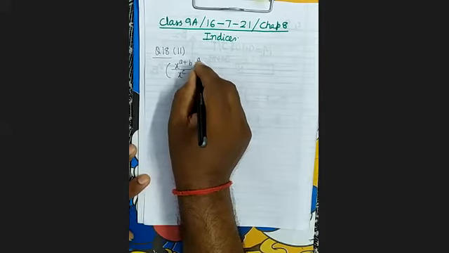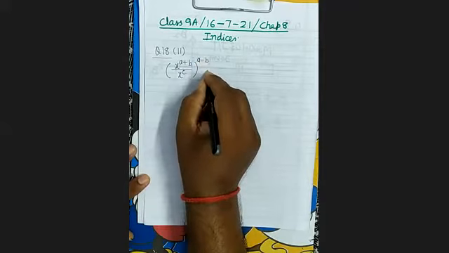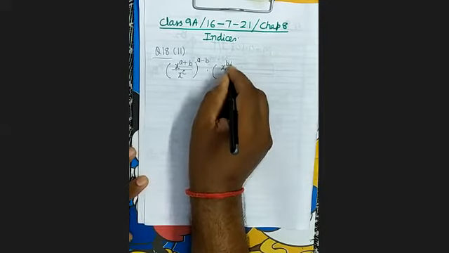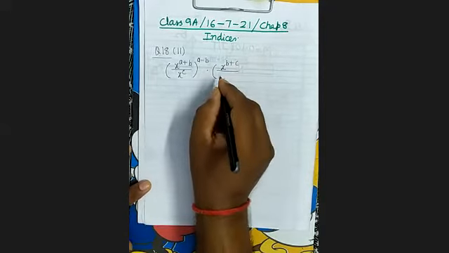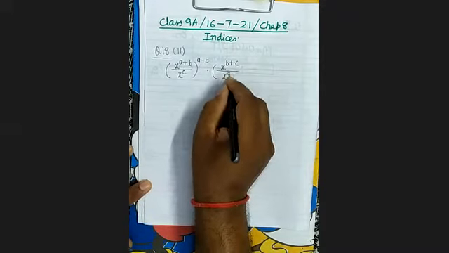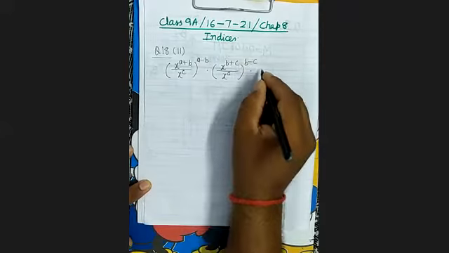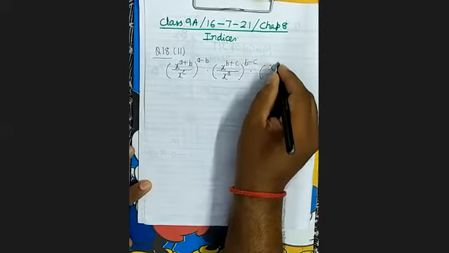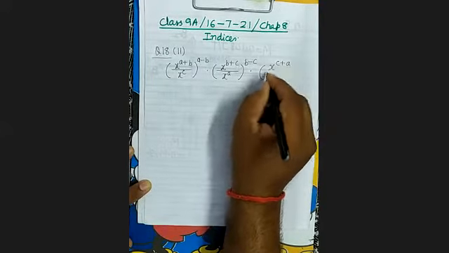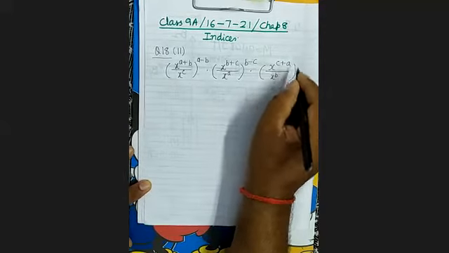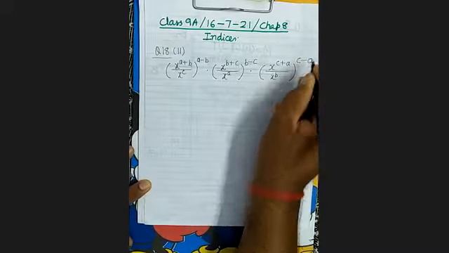(a^(b+c)/x^a)^(b-c)... Upon a minus b into x to the power b plus c upon x to the power a, whole to the power b minus c, into x to the power c plus a upon x to the power b, whole to the power c minus a.